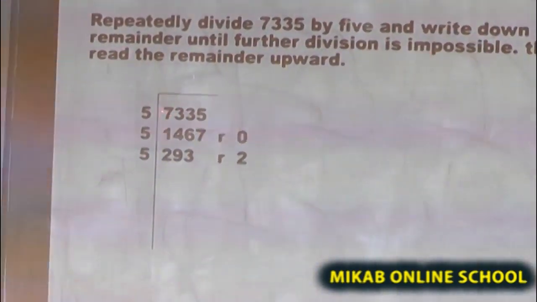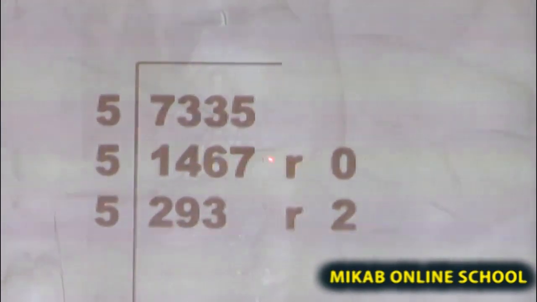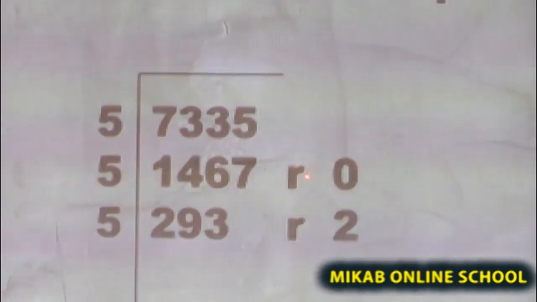Now, I bring my 7,335, then I divide by 5 like our normal long division method. 5 into 7,335, I'm going to have 1467, remainder 0. Now take note, despite that 5 divided completely into 7,335 and there is no significant remainder, it's remaining 0.